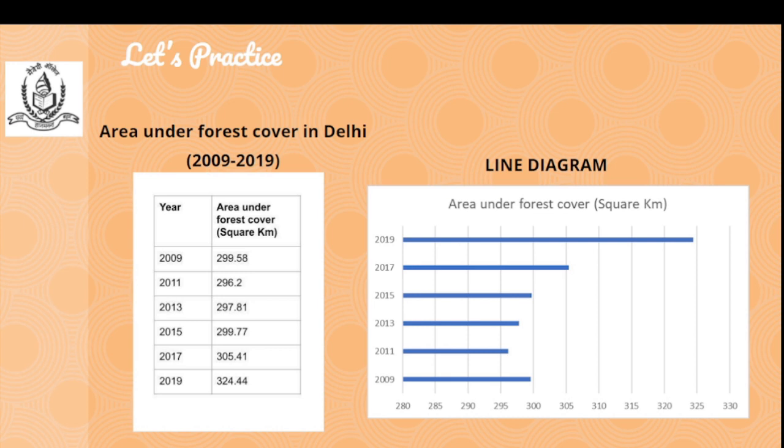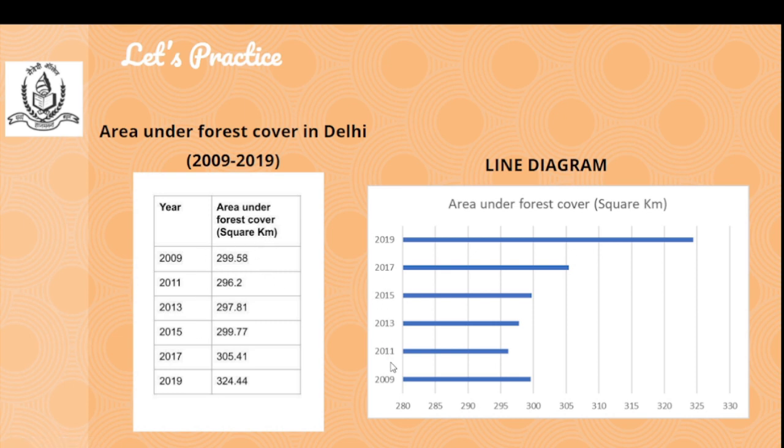Here, if we look carefully on the vertical axis, you have the different categories of data being represented. In this case, the individual years are the different categories: 2009, 11, 13, 15, 17 and 19, which are the respective years in which the data has been collected.